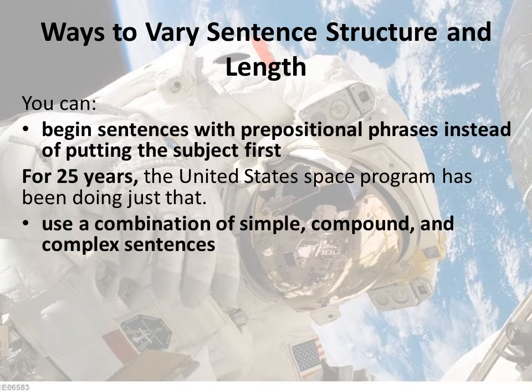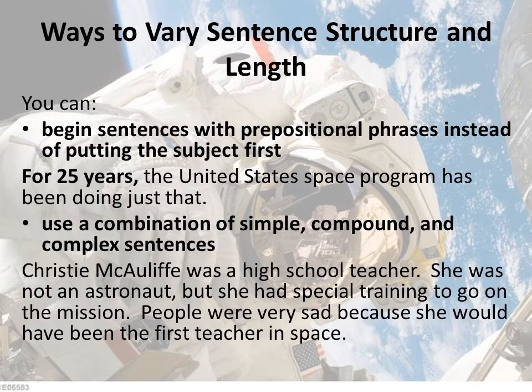You can also use a combination of simple, compound, and complex sentences. Notice this short paragraph. Christy McCullough was a high school teacher. She was not an astronaut, but she had special training to go on the mission. People were very sad because she would have been the first teacher in space. So here I have, Christy McCullough was a high school teacher. That is a simple sentence, and simple sentences are good, they're fine.